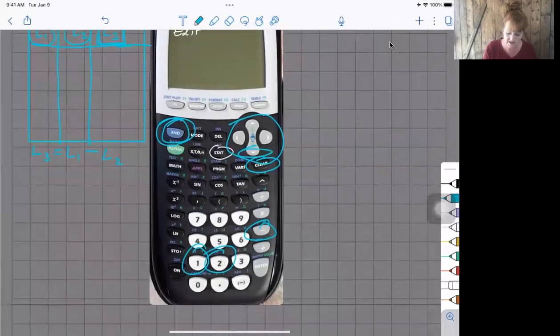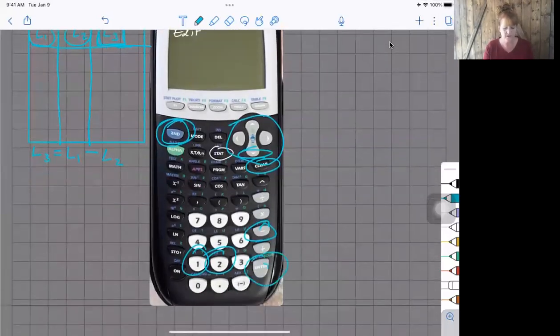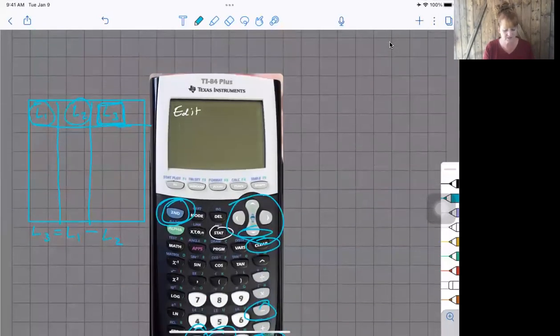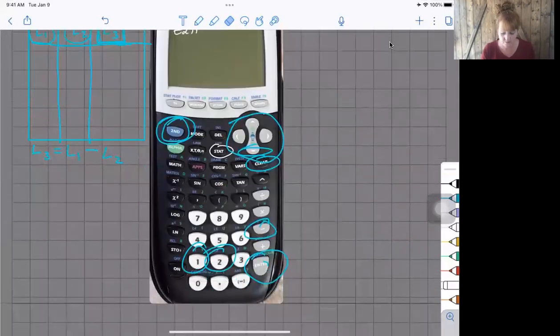And then you're going to hit enter. And you should get a list of numbers. Okay, 1, 2, those are the differences that you saw on our list C on class calc. So you are going to be operating in this hypothesis test now with L3. That's the difference, the change in the pain. Okay, that's the calculator work.